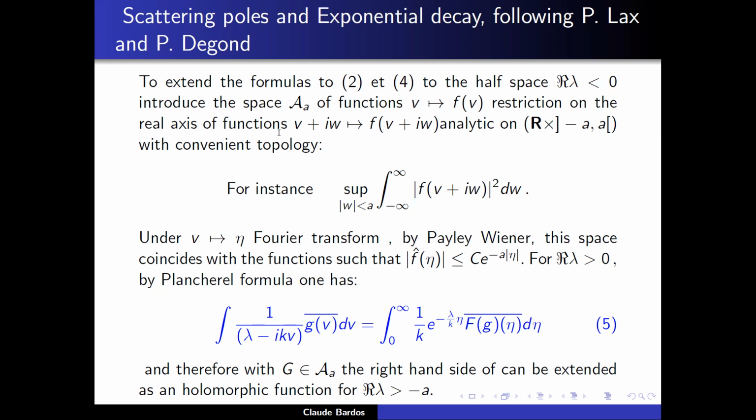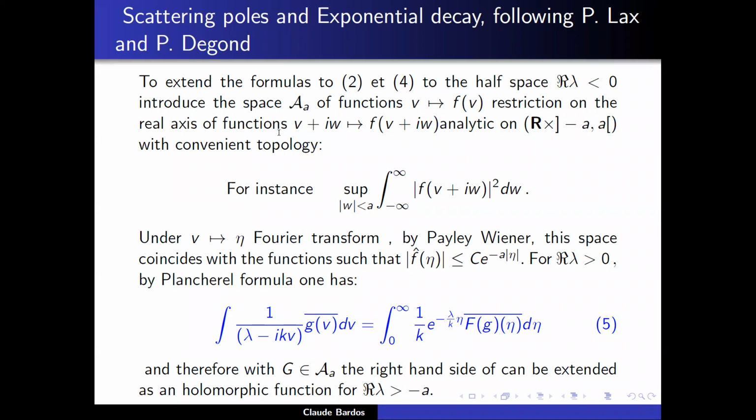So then this scalar product, when the real part of lambda is positive, is the same thing as this one.